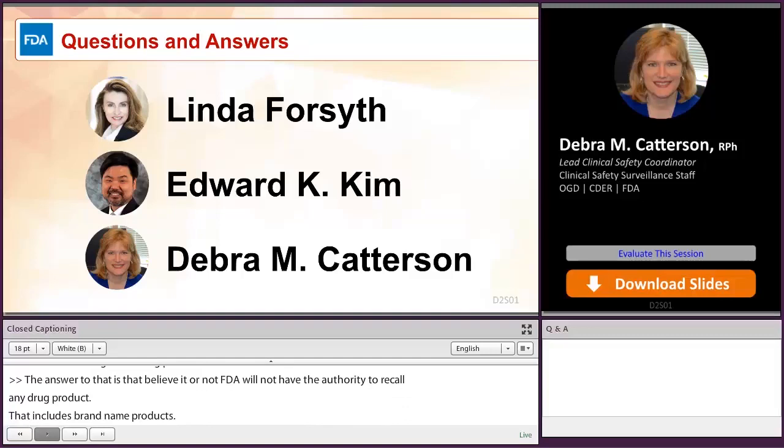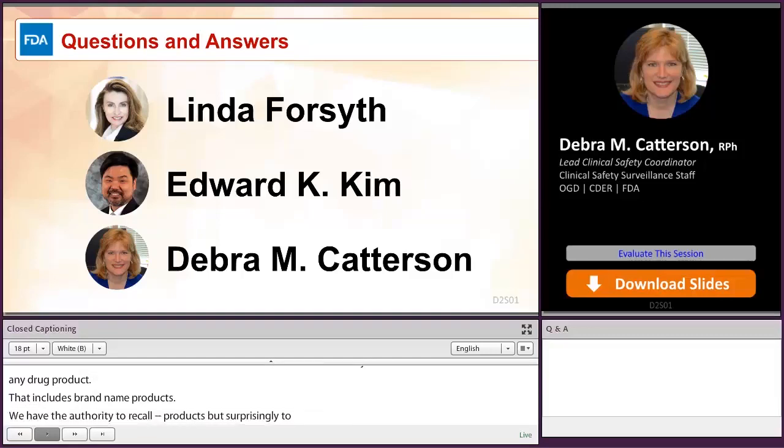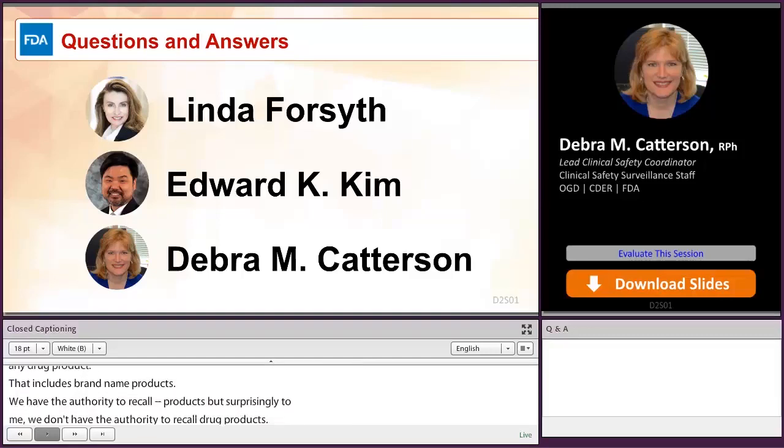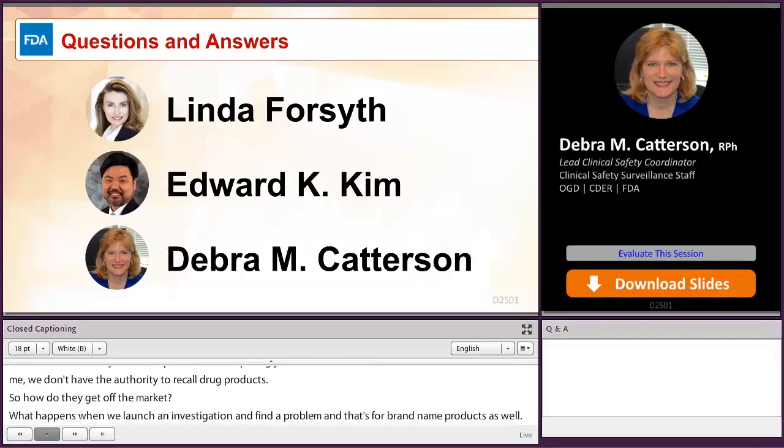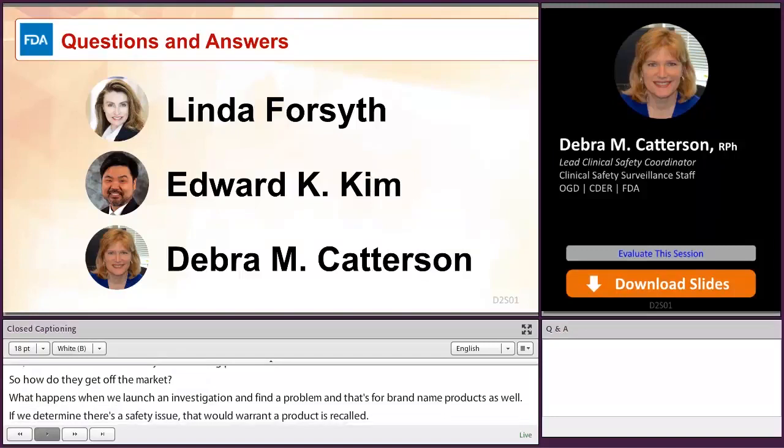What happens is when we launch an investigation, and if we find a problem, and this goes for brand name products as well as generics, if we determine that there is a safety issue that would warrant a recall, we contact the sponsor and share the safety issue with them, and we strongly encourage them to remove the product from the market or do some sort of voluntary market recall.